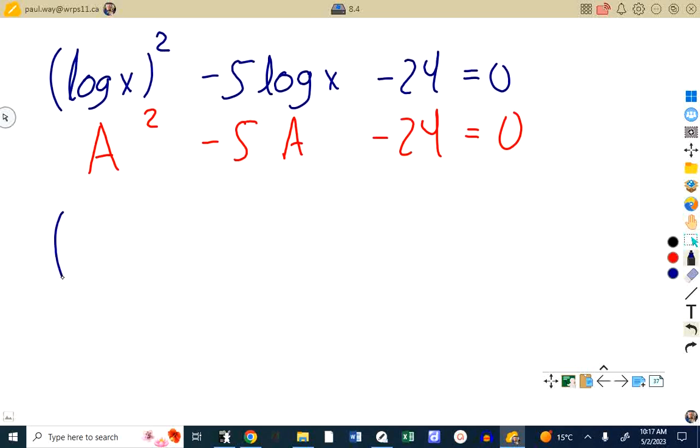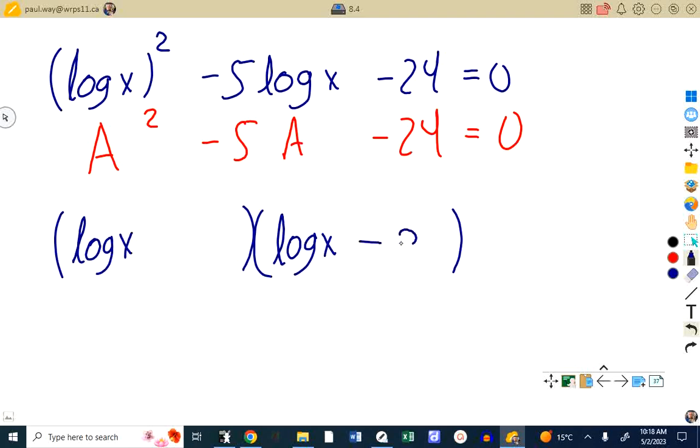If it were a squared, you would put an a in both of the first places. Here you put a log x. You would be looking, regardless of the equation you're solving, for numbers that multiply to give negative 24 and add to give negative 5, while 3 and 8 are off by 5. So these are the numbers.